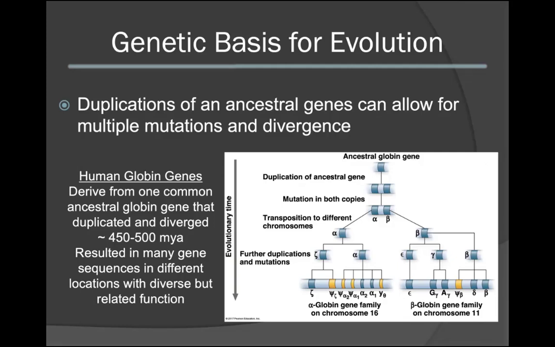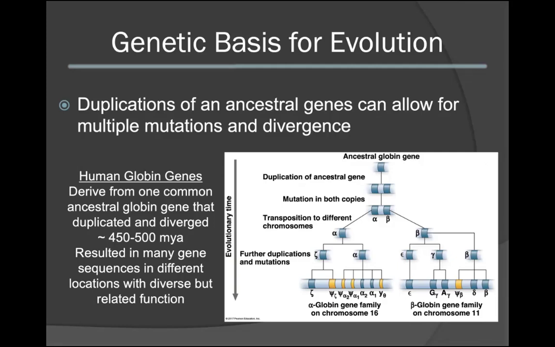It is also noted that the duplication of ancestral genes provides a template for multiple mutations and divergence. An example is looking at the human globin genes. Many of these genes derive from one ancestral globin gene that had duplicated and diverged approximately 450 million years ago.